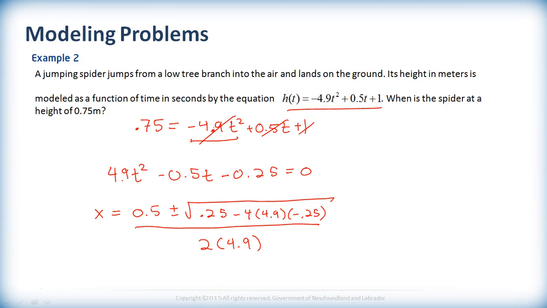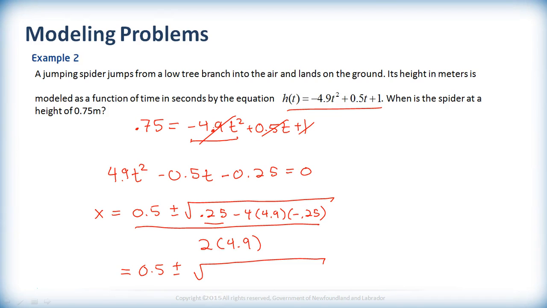Okay, let's simplify this a bit now, and then we'll see what we get for answers. So we have 0.5 plus or minus the square root of, let's see how this works out. Now, I'm thinking that looks a lot harder than it actually is. We got 0.25 here, and what we're actually subtracting, we're going to end up adding because we got a negative and a negative. So we get 4 times a quarter, which is 1, times 4.9.